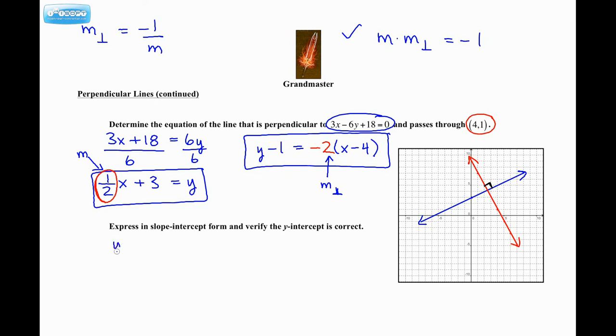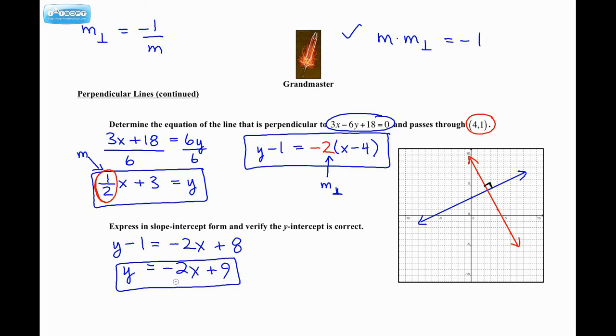So I've got y minus 1 equals, and I'm just going to expand this bracketed set. So this gives me negative 2x plus 8. Negative times negative is positive. And now I'm just going to add 1 to both sides. So this gives me y equals negative 2x plus 9. So that's the equation of our line in slope-intercept form.